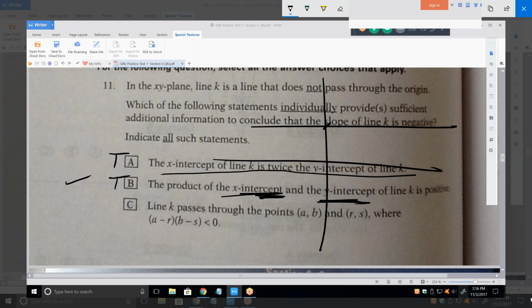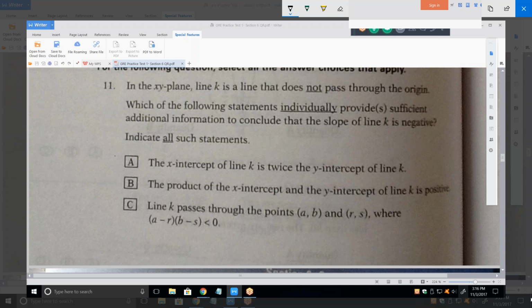Well, in this problem, the x-intercept wouldn't be zero, it just wouldn't exist, so I'm not sure I could figure out the product. Okay, horizontal lines and vertical lines we can probably eliminate from the possibilities. So far we've got that true and that true.